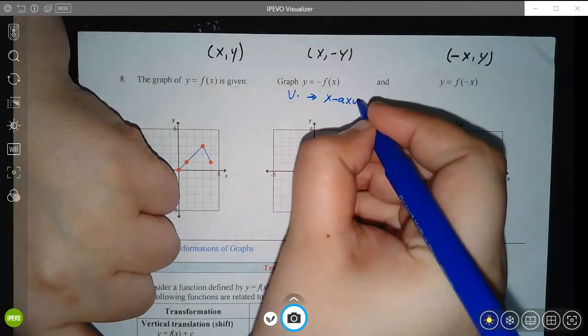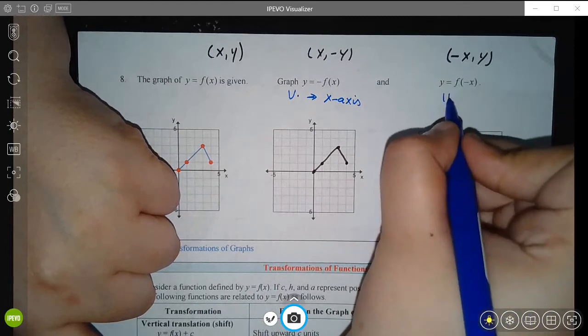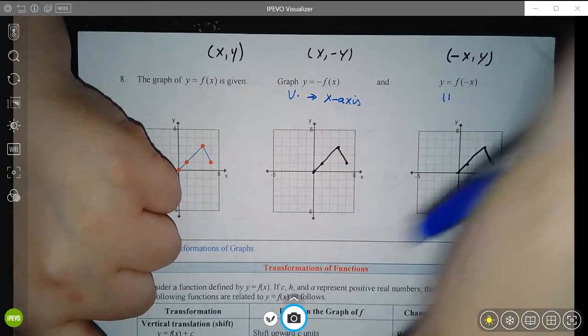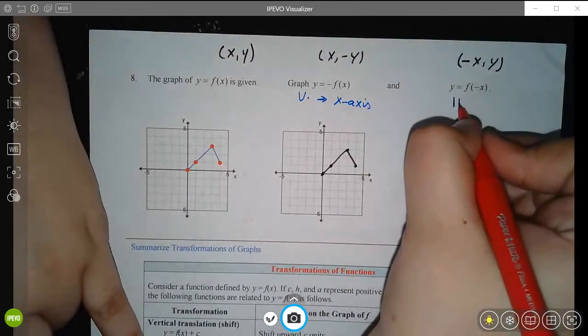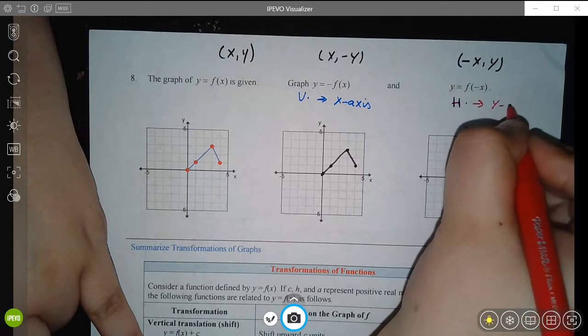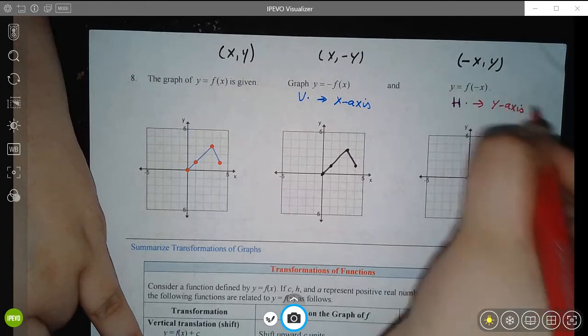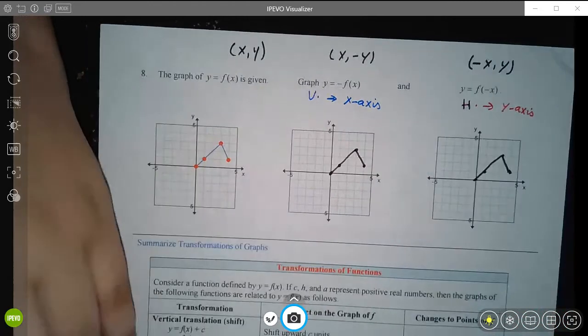It is the x-axis. This one, let's use a different color for that one. When it's horizontal, is it going to happen across the x or y axis? This one is the y axis.